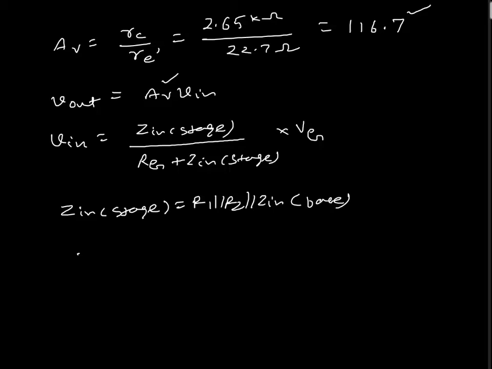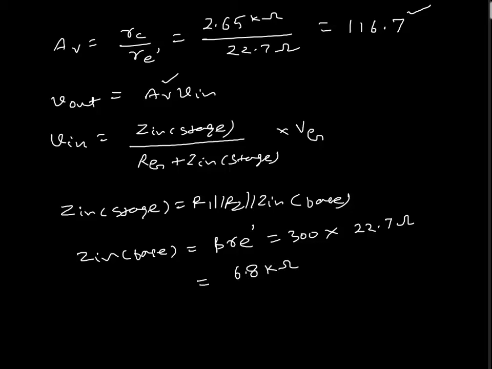So Zin base equals beta RE prime. Here we are not doing the derivations, we directly use the formula, because it is a numerical problem. Beta is given as 300 and RE prime we just calculated as 22.7 ohm. If we solve this, Zin base will come as 6.8 kilo ohm.